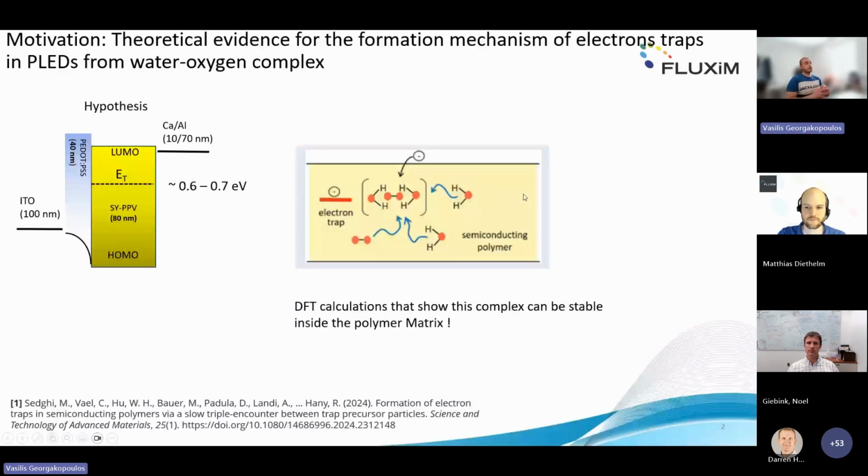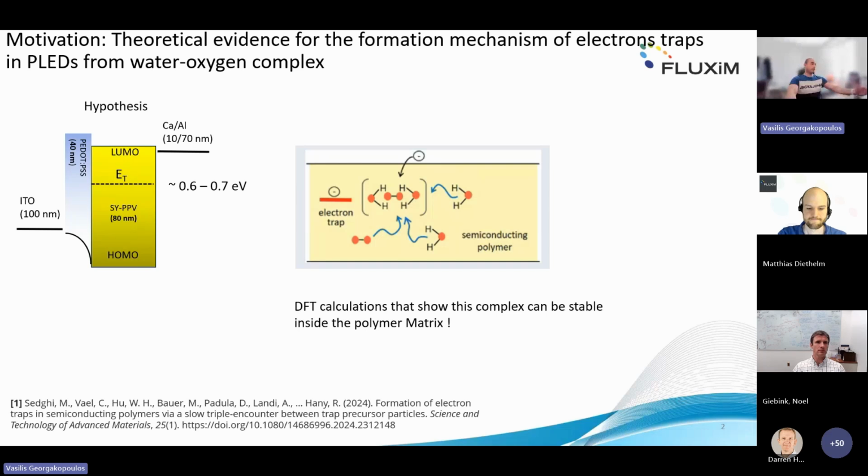The motivation for this study comes from earlier work where it was identified that for polymers, there is a phenomenon where water and oxygen impurities penetrate the polymer matrix. In the presence of electron charge, a reaction can be catalyzed where a complex of two water molecules, an oxygen molecule, and an electron forms a stable complex that can act as an electron trap.